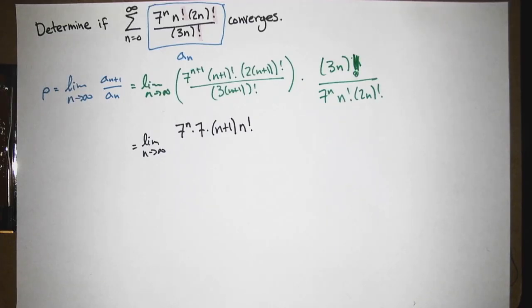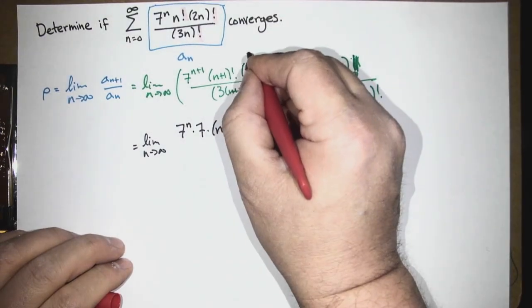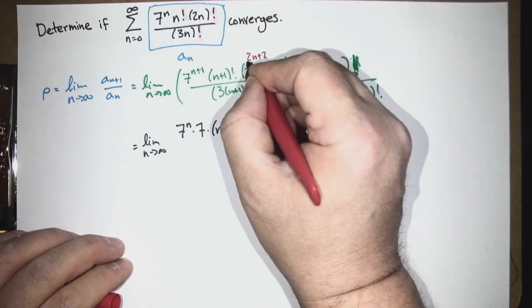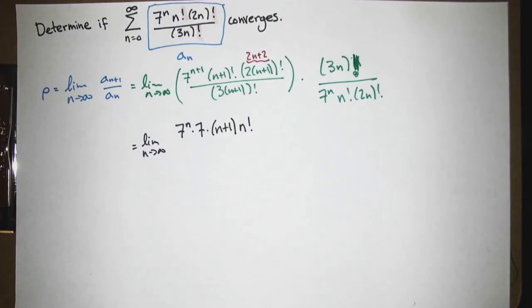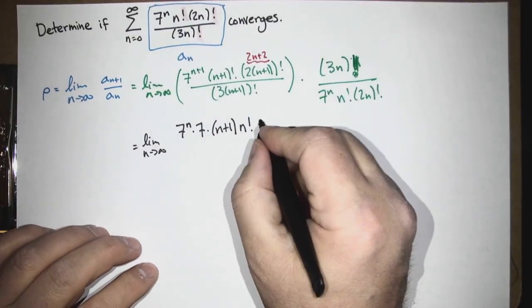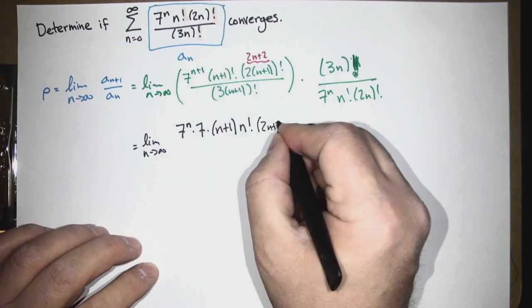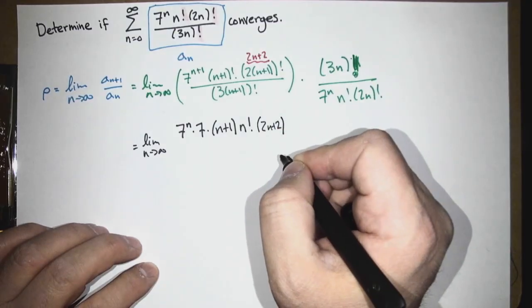Now the next part. This 2n plus 1 factorial is really 2n plus 2 factorial. How much will I pull off? Well, pull off a 2n plus 2. What will be the next term?